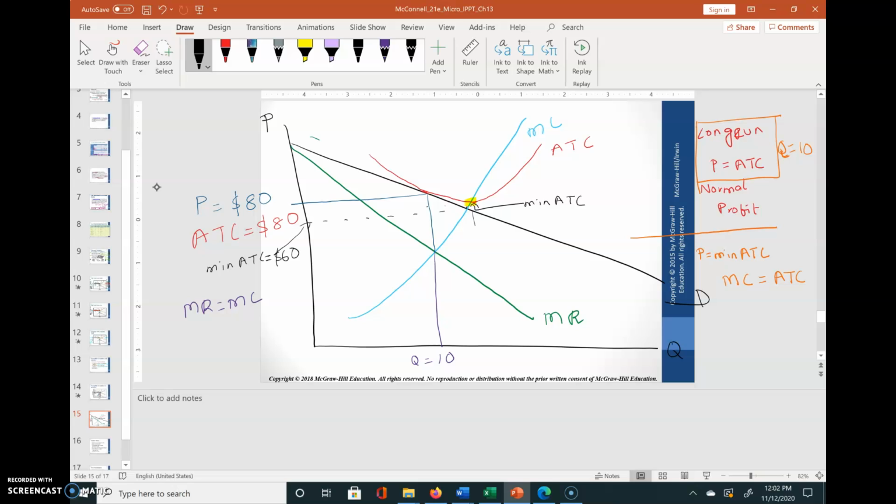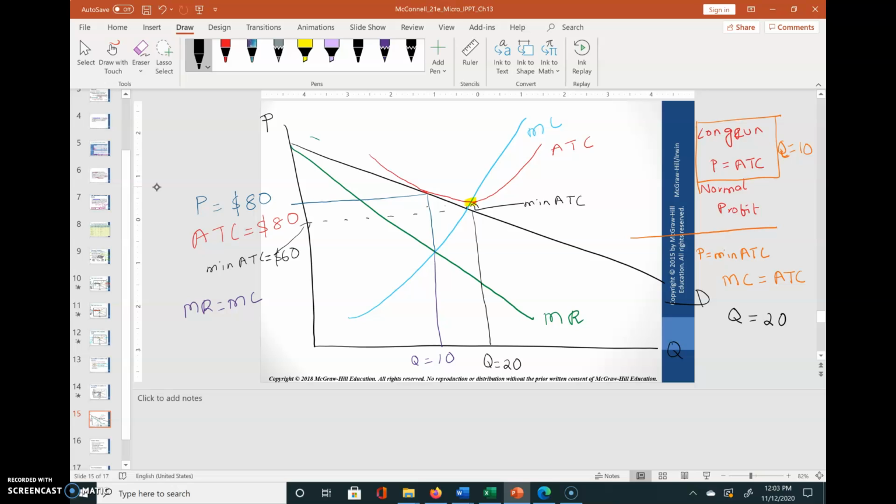Now there should be some output associated with the minimum average total cost. Say the output is equal to 20. This is the output here. This is equal to 20, and definitely this output is more than what is produced by a monopolistic competitive market structure.